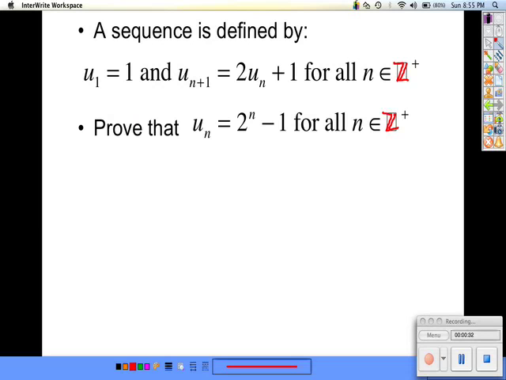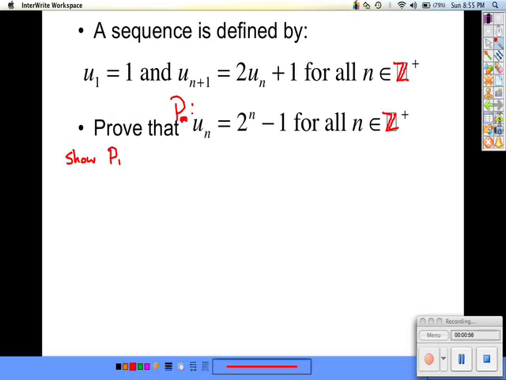So we start, again, with show P1. And this is our proposition up here. Our proposition is that u sub n equals 2 to the n minus 1.